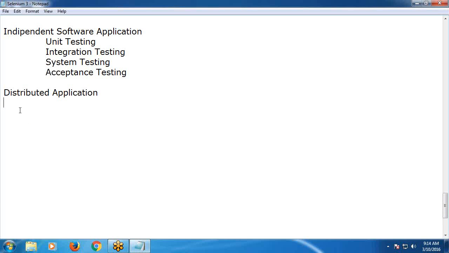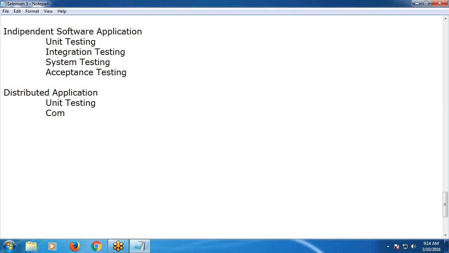For distributed applications, we have 5 levels of testing. Unit testing, then integration testing in 2 levels. After unit testing, component integration testing.